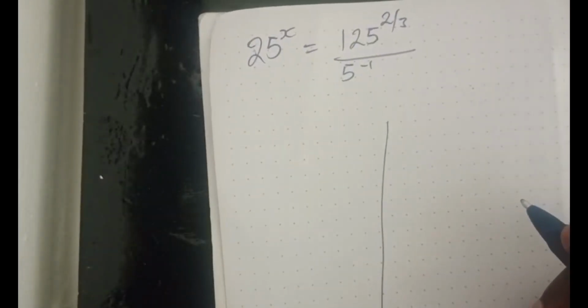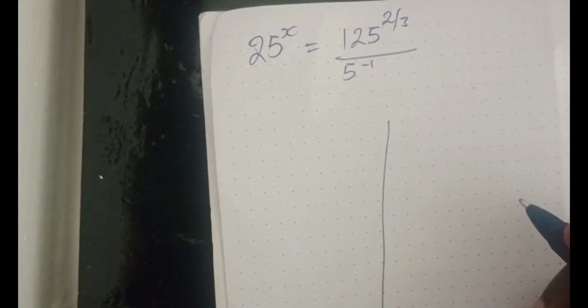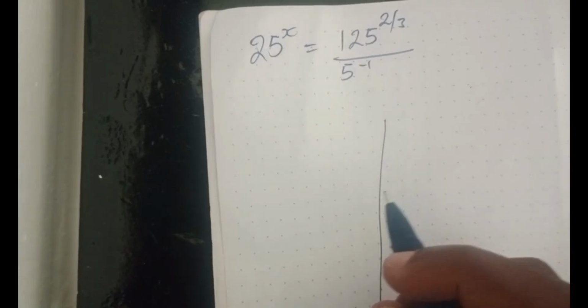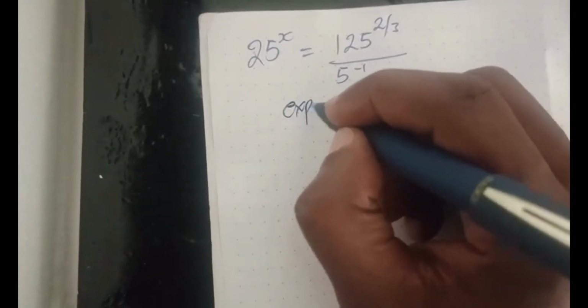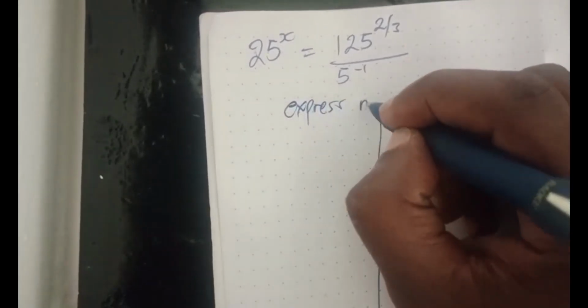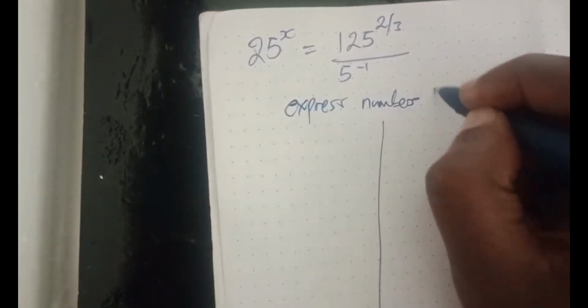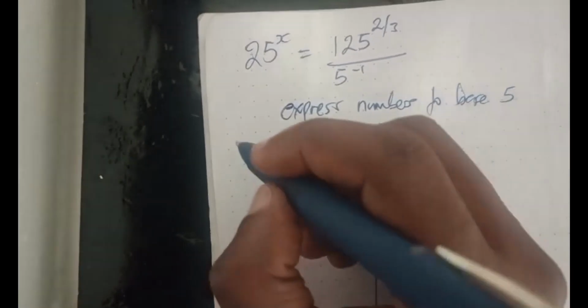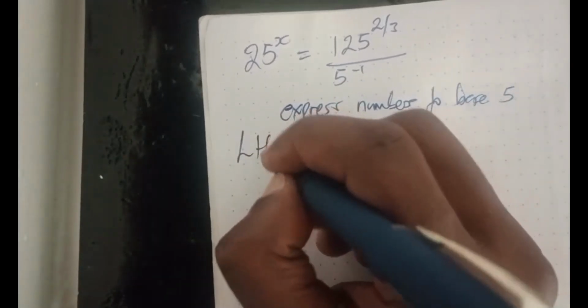So here is our equation. The first thing that we need to do is to convert all numbers to a common base, the base of 5 in this case. So express numbers to base of 5. Let's start with the left hand side.